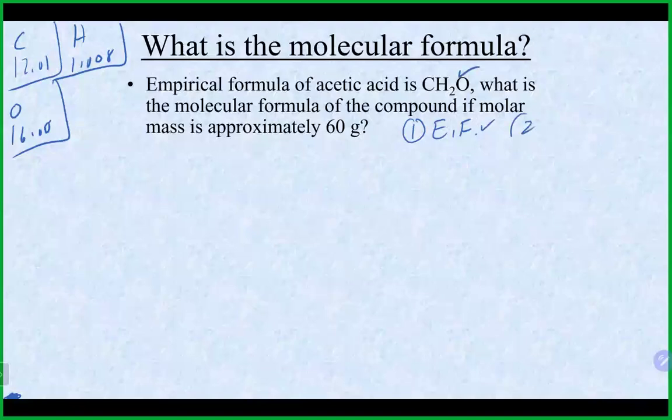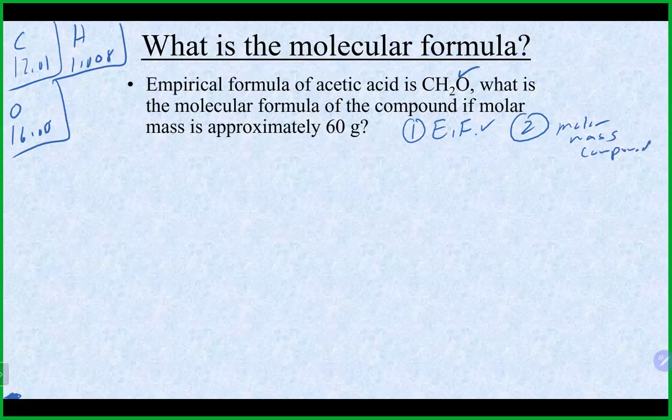You need the molar mass of the compound, which is usually given to you in the problem, and that is this number right here. And lastly, you need the molar mass of the empirical formula. In this case, we don't have that, so we do need to calculate that. Our empirical formula is CH2O.